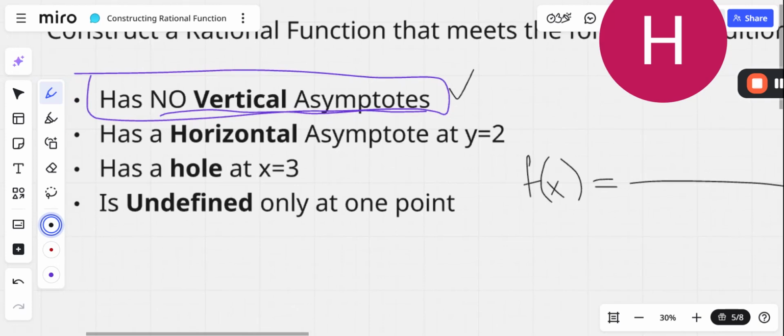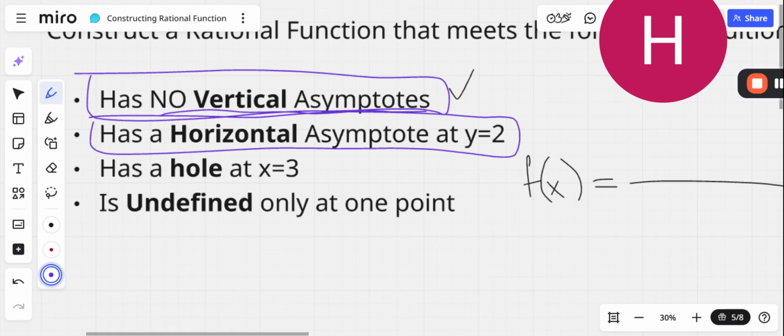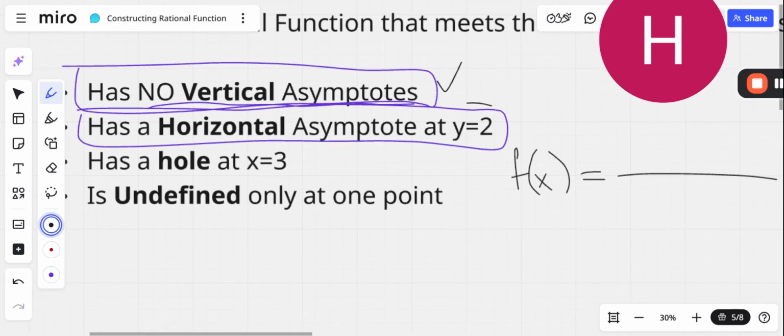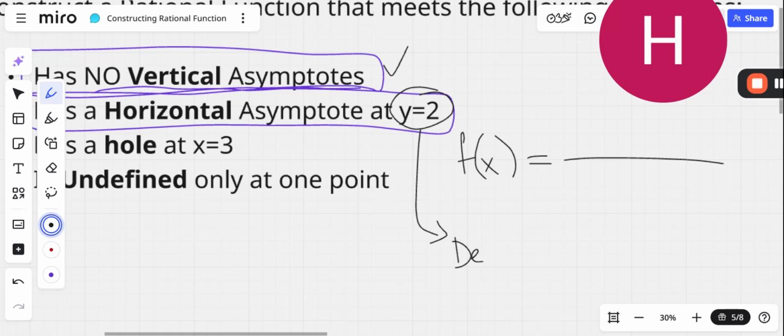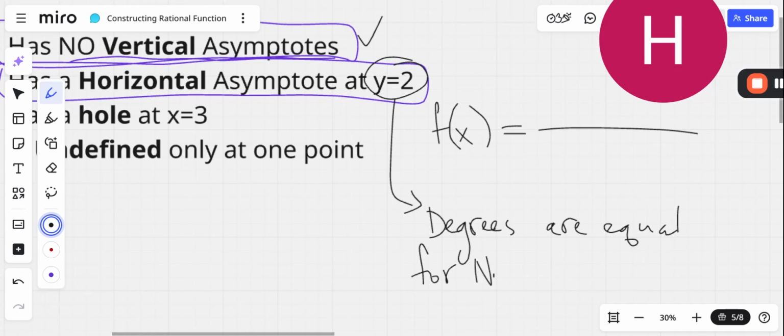It has a horizontal asymptote at y equals 2. Now I mentioned that there are 3 cases for determining what a horizontal asymptote is going to be. And one of those cases is when the numerator and denominator have the same degree. So this is going to be that exact case. We can say with certainty that the degrees are equal for, I'll just abbreviate, num and denom.